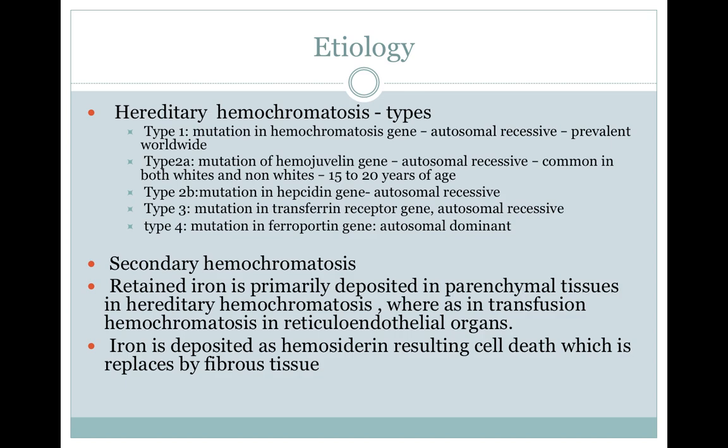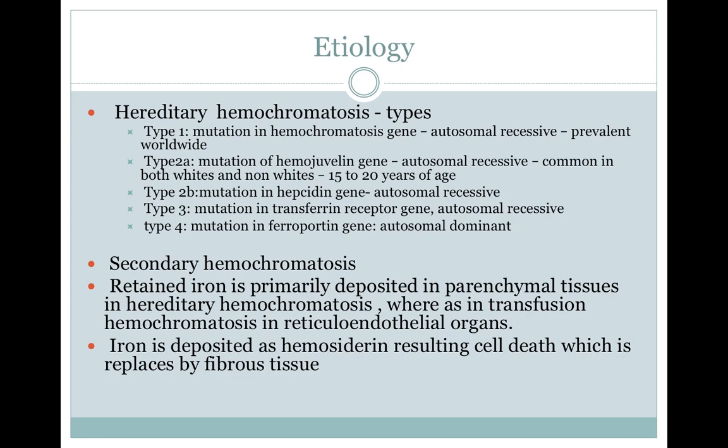The iron that is retained is primarily deposited in the parenchymal tissues in hereditary hemochromatosis. Whereas in transfusion hemochromatosis, iron is deposited in reticuloendothelial organs. As I told you, iron is deposited as hemosiderin, resulting in cellular death, which is replaced by fibrosis.